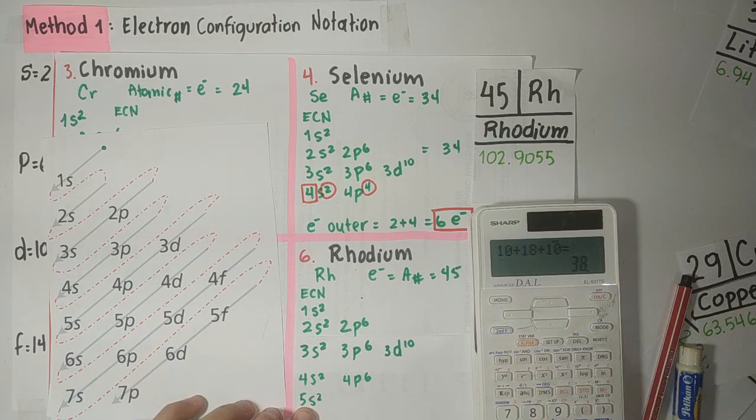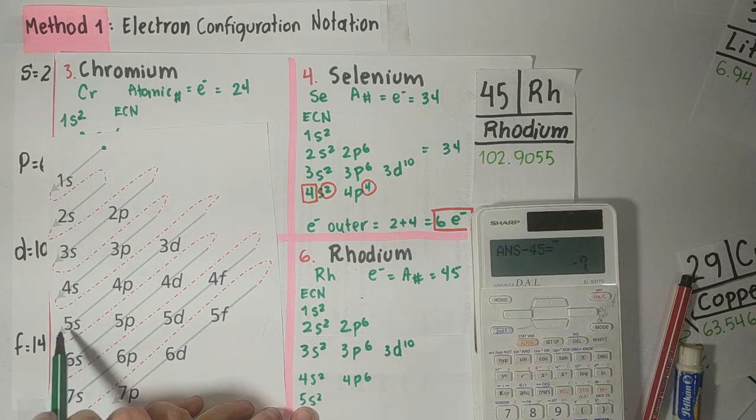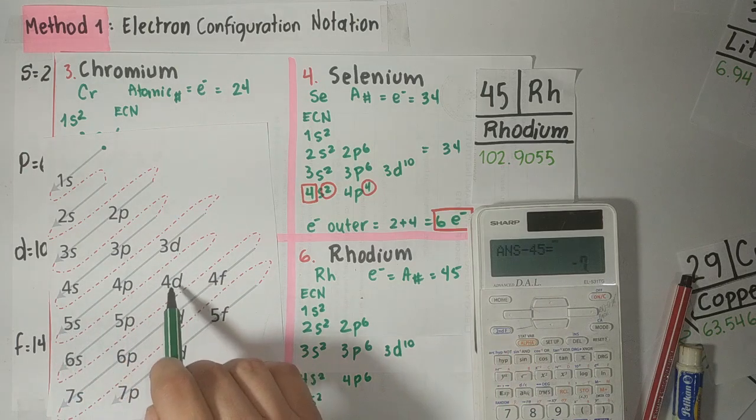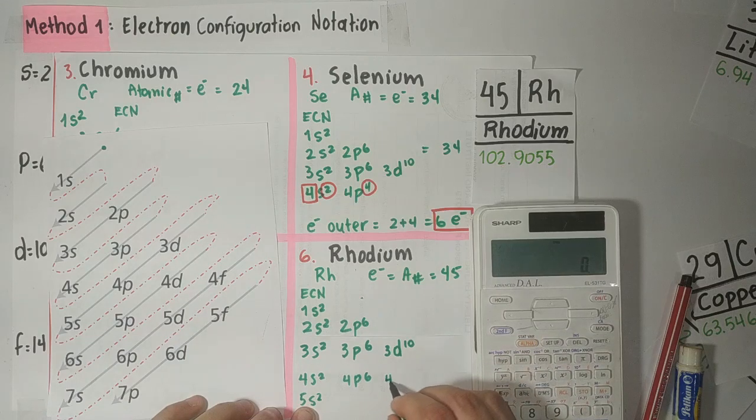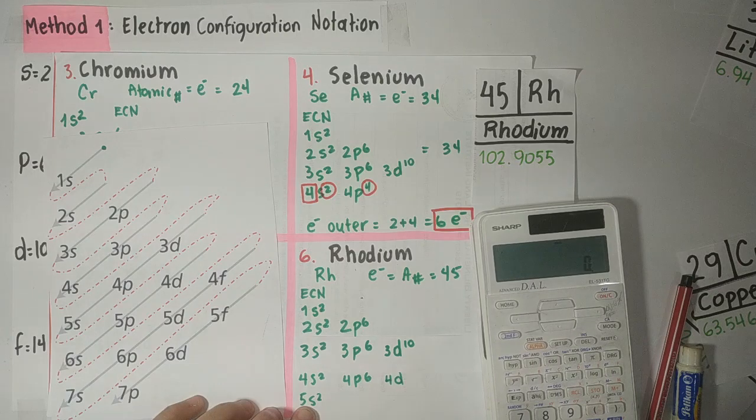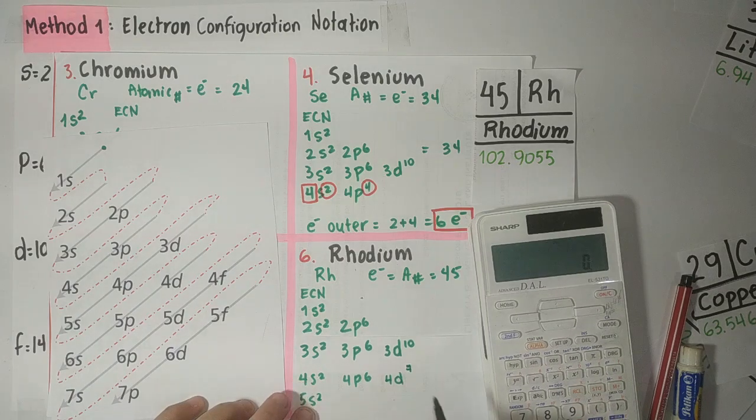That means that I need to reach 45, I need 7 electrons. So from the following number, that is after 5s, I have 4d. Instead of 10, I'm gonna write 7.